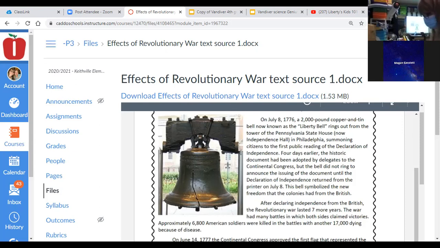Symbolized the freedom the colonies had. Symbolized the freedom the colonies had from who?